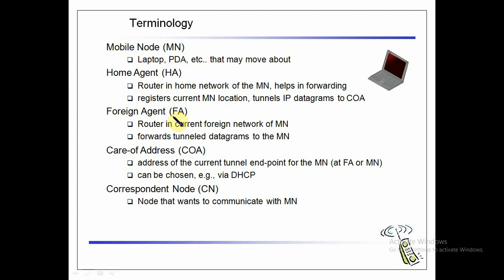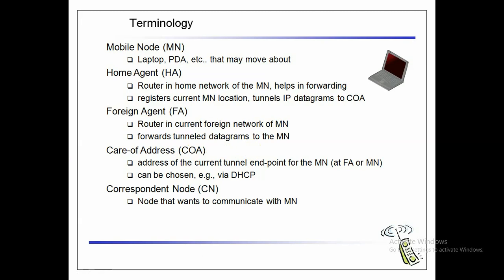The next entity is the foreign agent. It provides several services to mobile nodes during the visit to the foreign network. It serves the current foreign network of the mobile nodes and forwards tunneled datagrams to the mobile node.